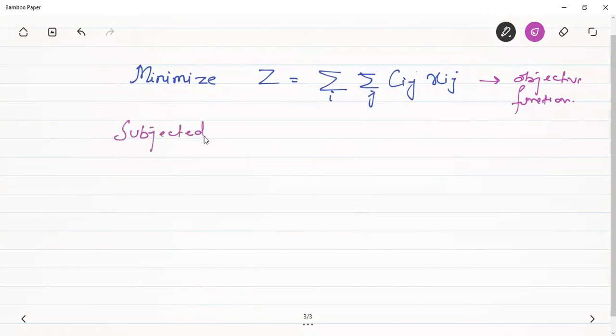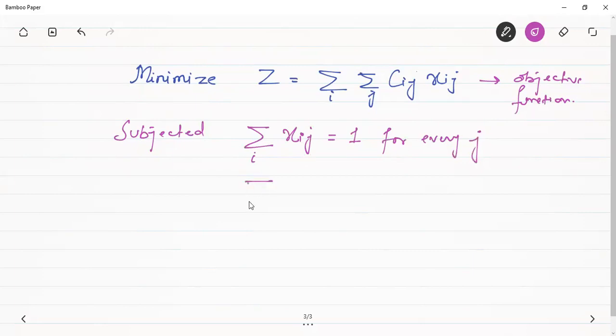If you remember, in the transportation problem the constraints were the demand constraint and the supply constraint. Here the first constraint is: summation of i Xij should be equal to 1 for every j.